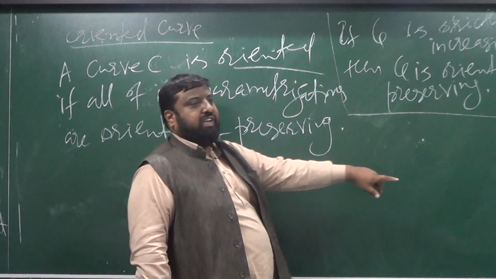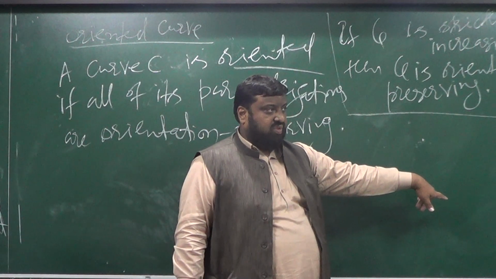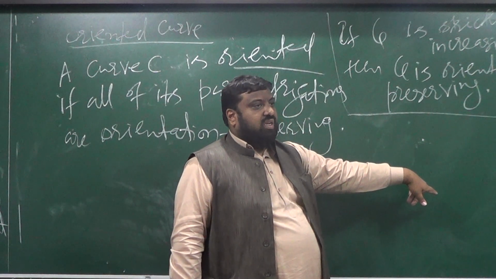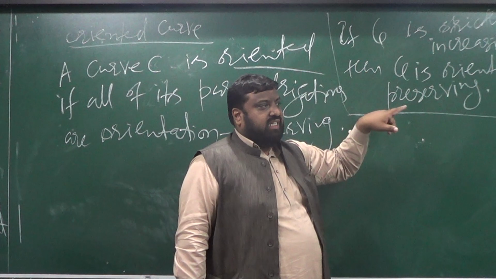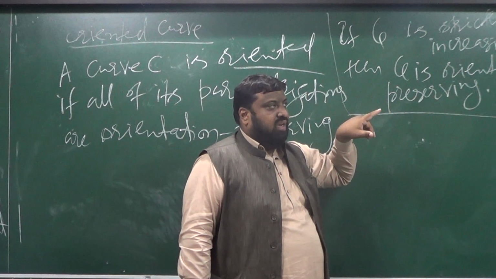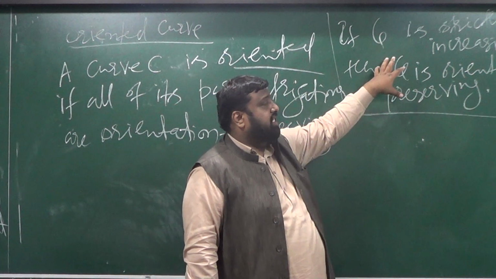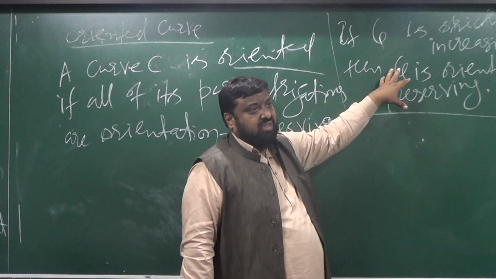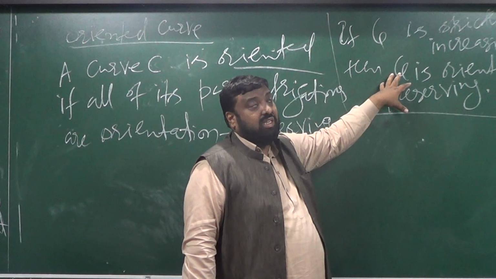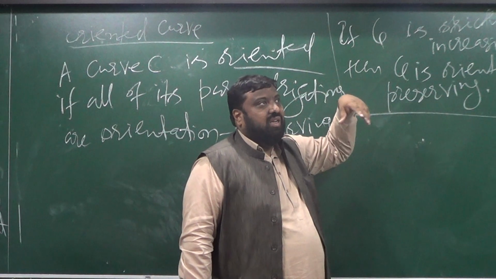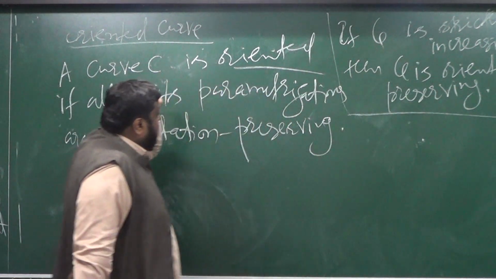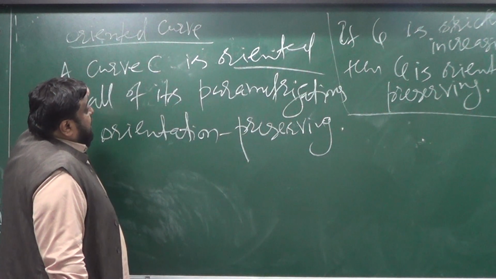You can't find a phi that doesn't satisfy this property, that is not strictly increasing. What would be the more proper way to say it?